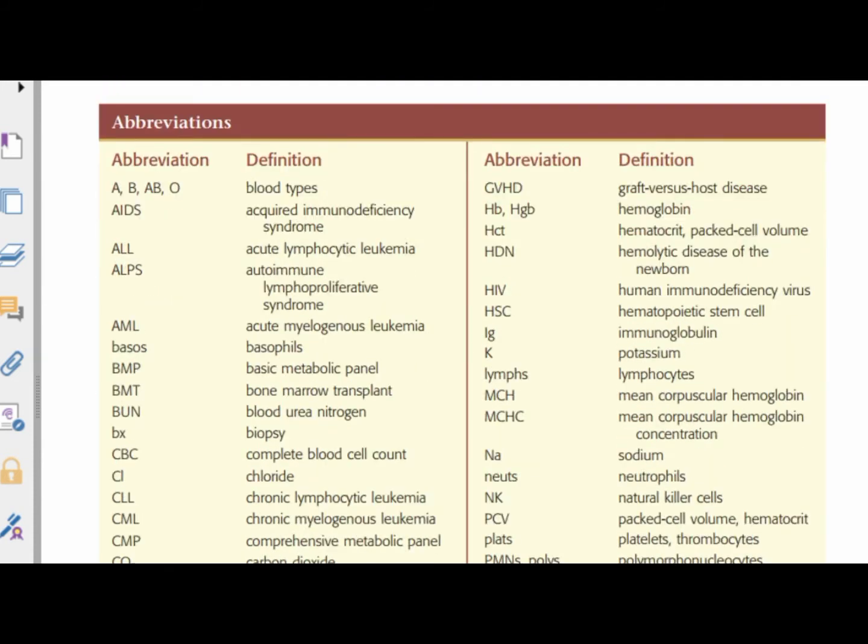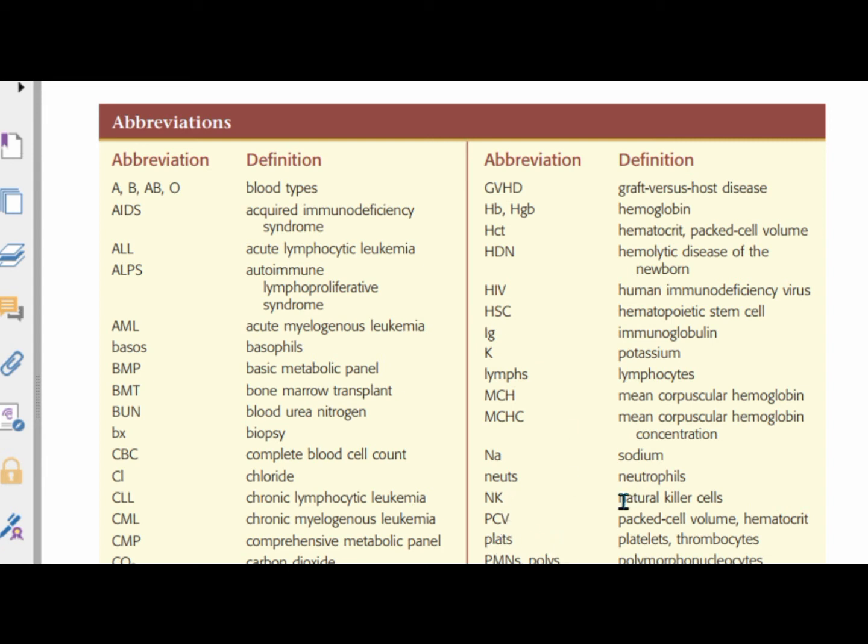Then you have your abbreviations. BMT, bone marrow transplant, BUN, blood urea nitrogen, biopsy, CBC. So these are abbreviations. This could be seen also in notes. No? So it is very important for you to note these abbreviations and their meaning.